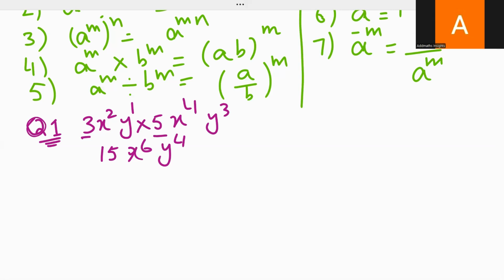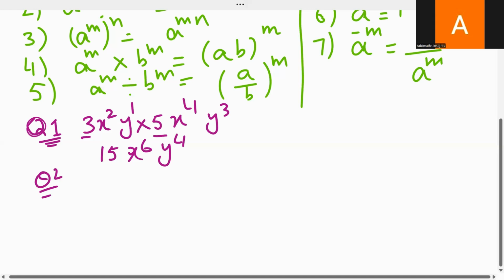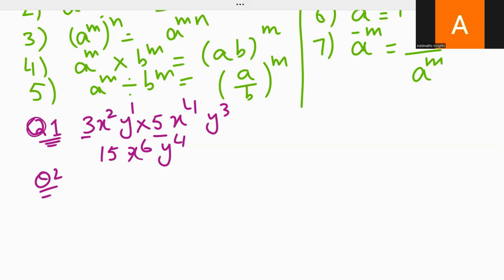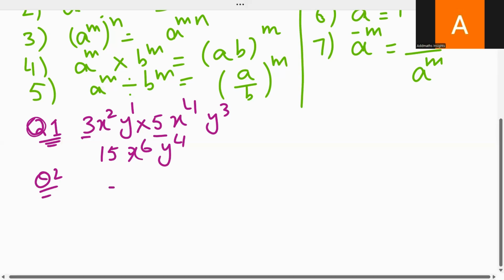Now I'll give you more examples. For example, the question is x raised to the power -1, whole squared, times x raised to the power 1/2, raised to the power 8.